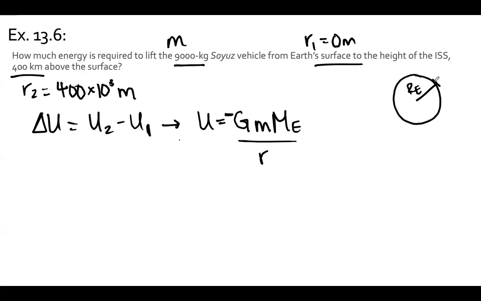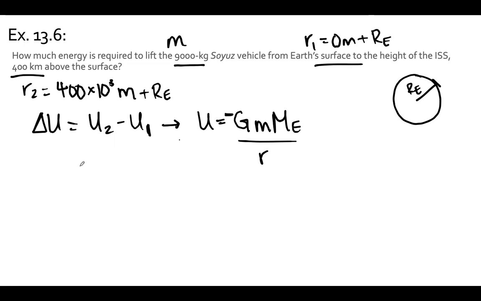So our radius R1 is going to be that plus the radius of Earth.